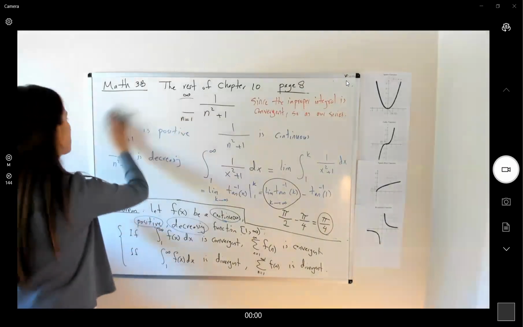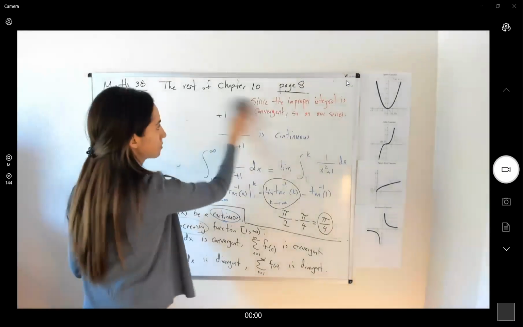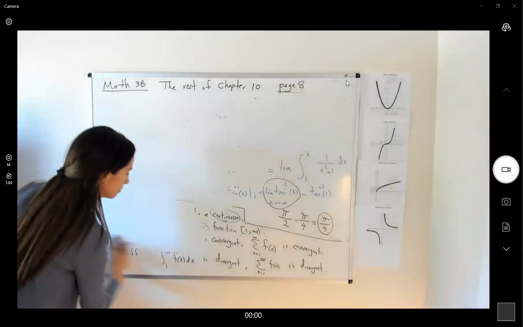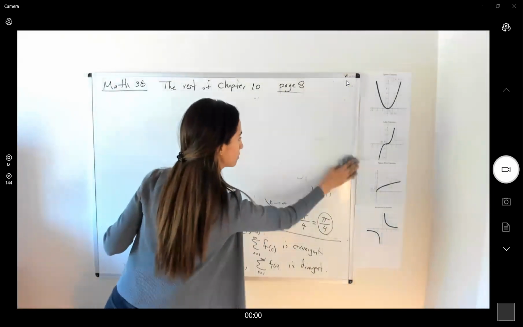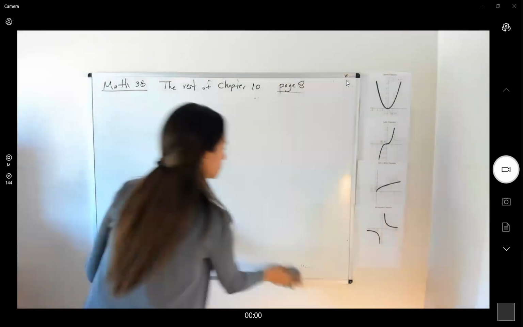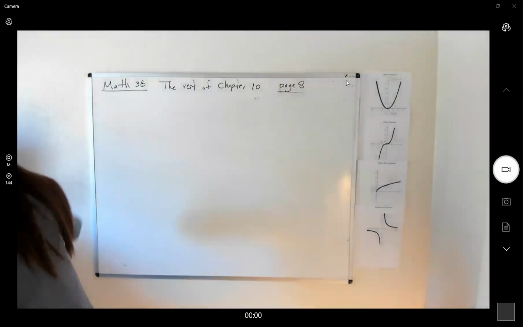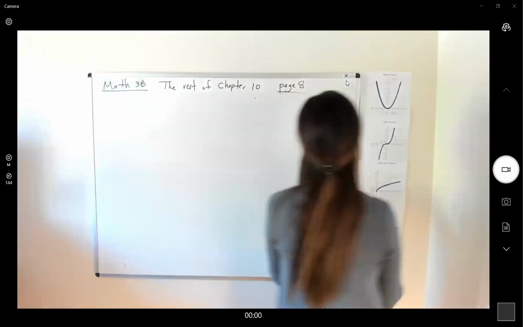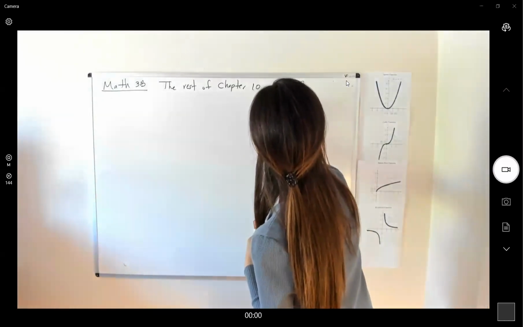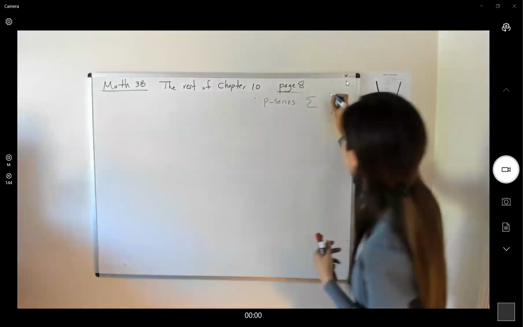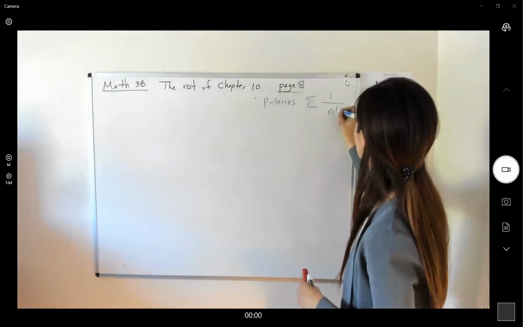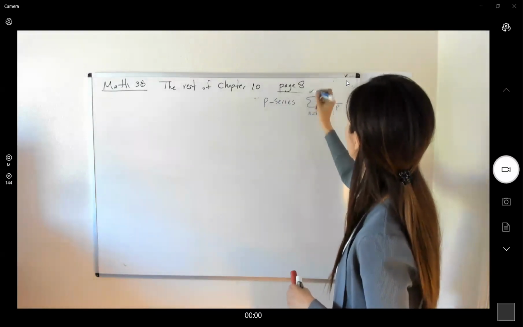So let us define P series. P series is defined as the sum of 1 over n to the p, instead of x use n, n starts from 1 to infinity.